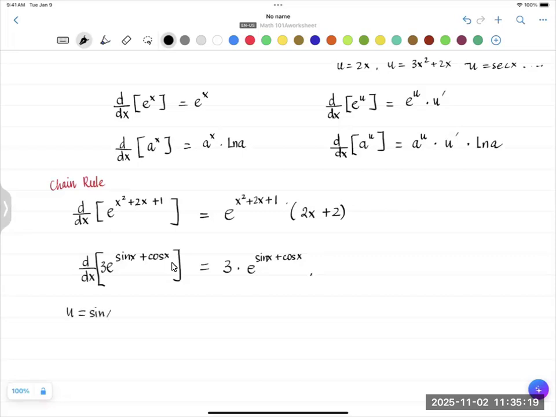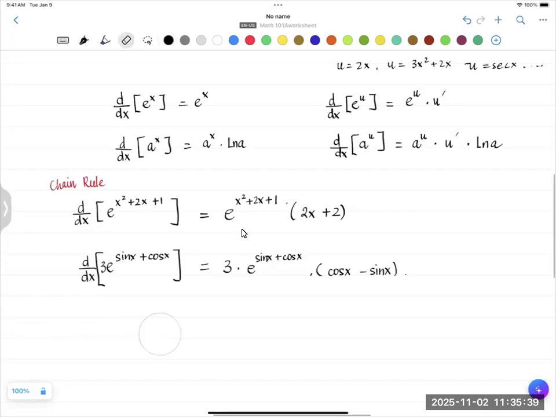So u is sine x plus cosine x. Then u prime is the derivative of sine, which is cosine, and the derivative of cosine, which is negative sine. So we times cosine x minus sine x.